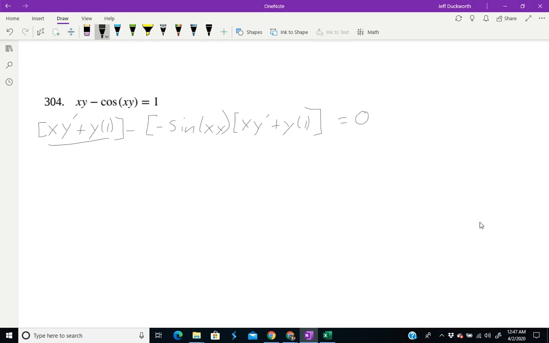So I'm going to move what I've underlined there over to the other side. So I'm left with just sine of xy, and this is a positive because we have two negatives here that multiply to give us a positive. And then we have the x y prime plus y. Hold on a second.